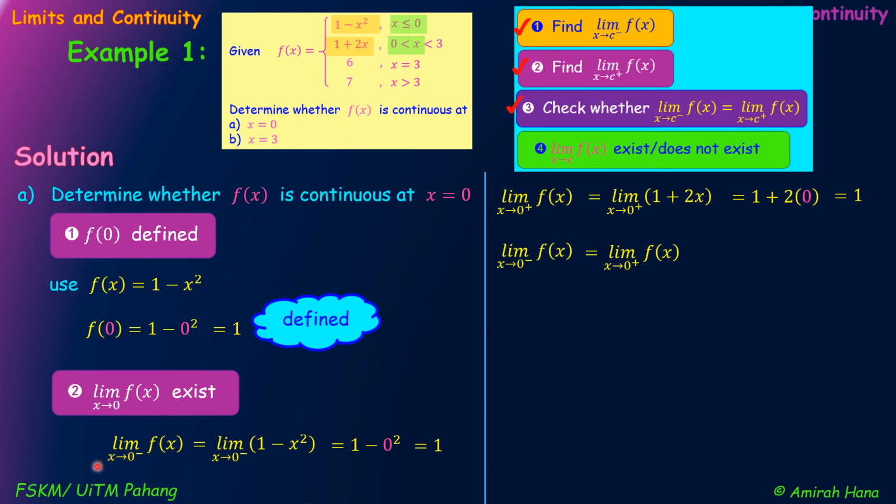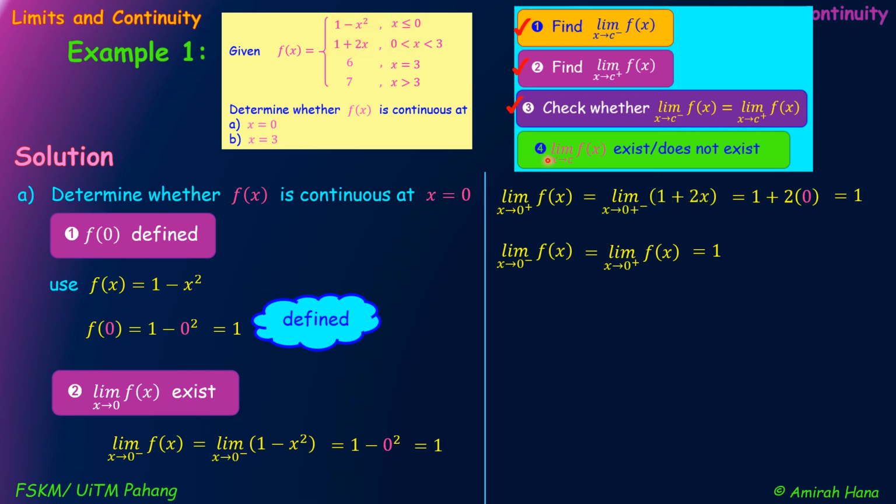From here, the limit from the left equals 1, and the limit from the right also equals 1. So the limit from the left equals the limit from the right, which equals 1.